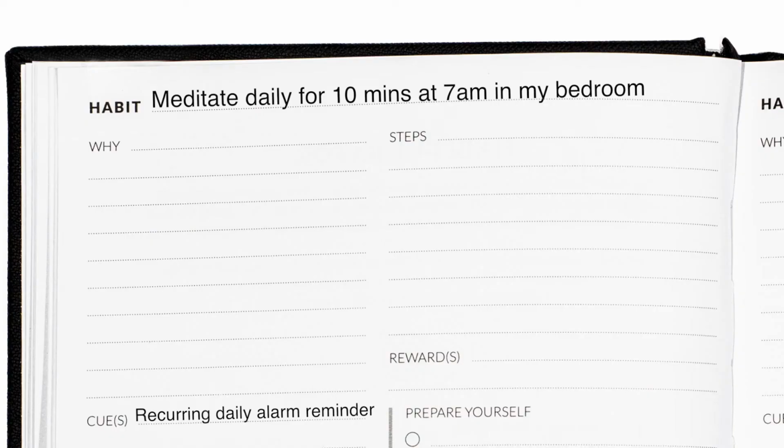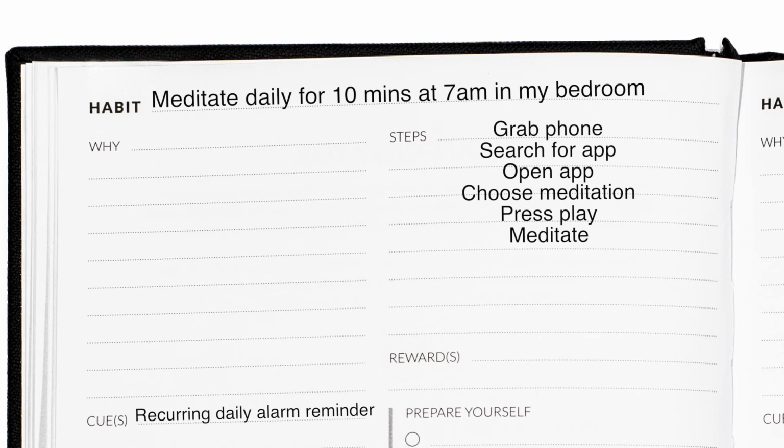For example, your meditation habit might look like this before you simplify and streamline it. Grab phone, search for app, open app, choose meditation, press play, meditate. If you want to simplify and streamline this meditation habit, you might decide to put your meditation app on the home screen where it is highly visible and easily accessible. This way, you don't have to swipe through a bunch of apps every single time you want to meditate.